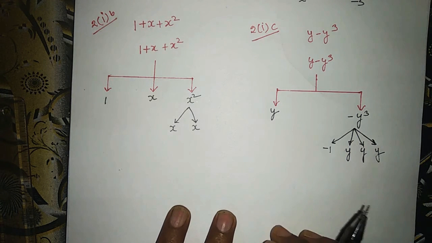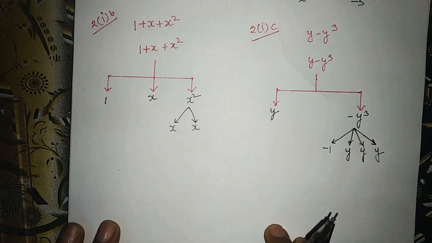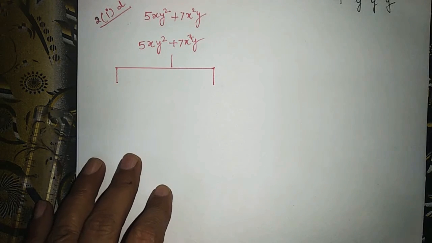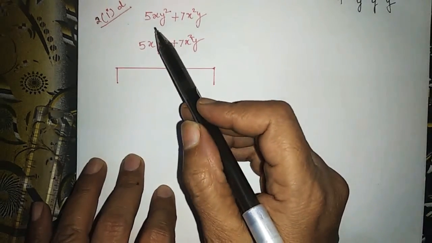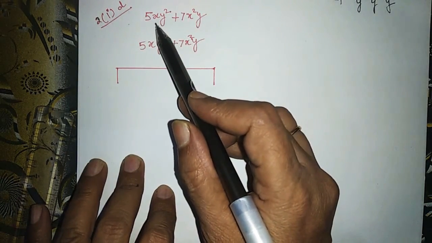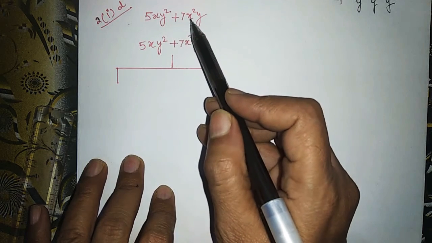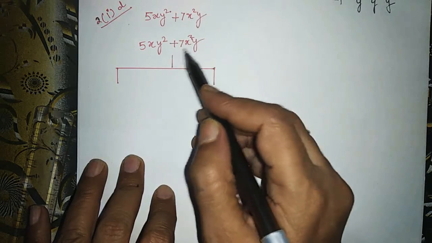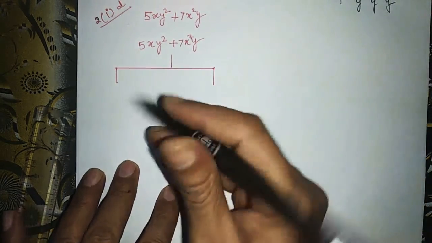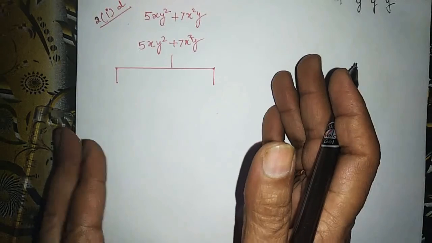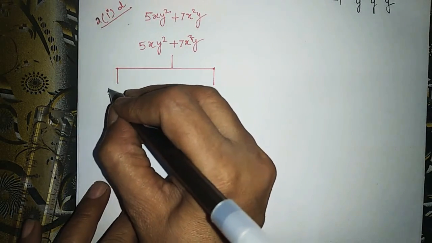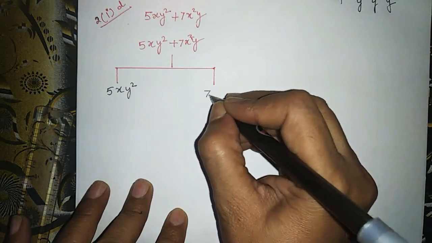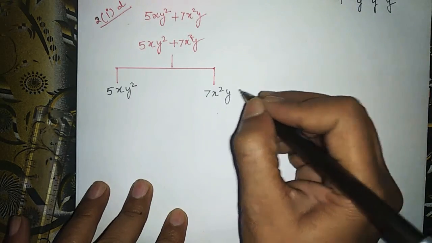Now children, see the D part of the question. Now the given expression is 5xy square plus 7x square y. Here also we can see two terms. Now we will write both the terms separately. Here the first term is 5xy square and the second term is 7x square y.